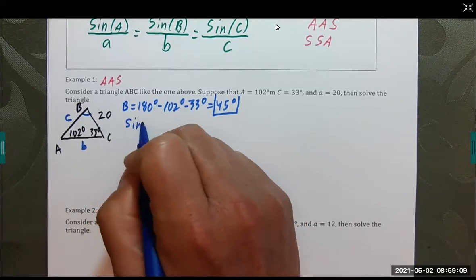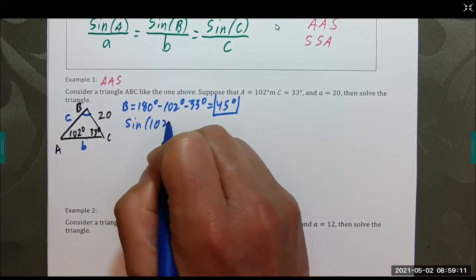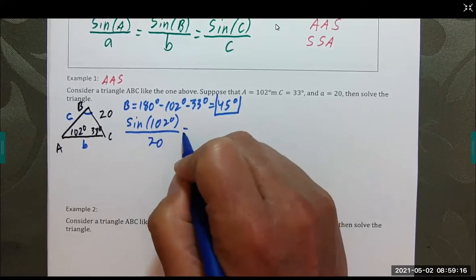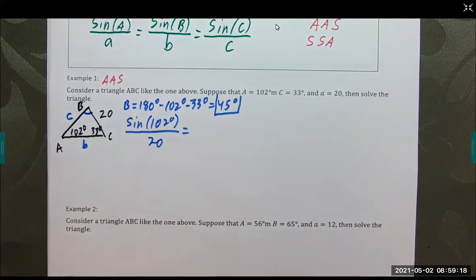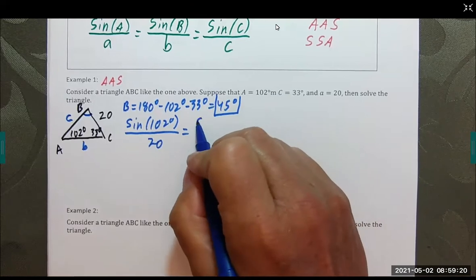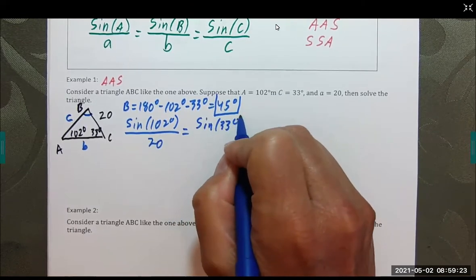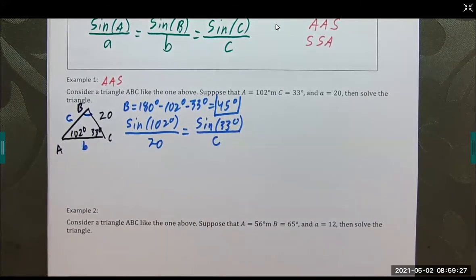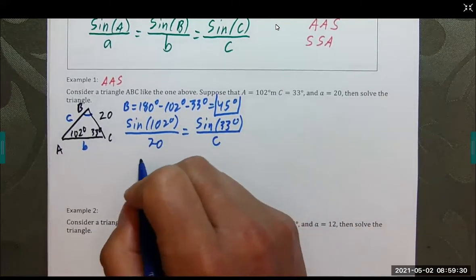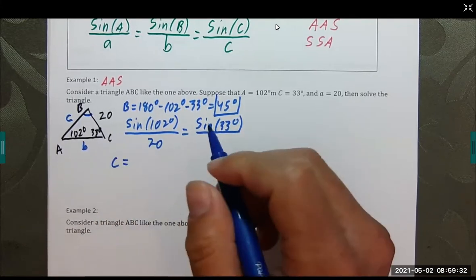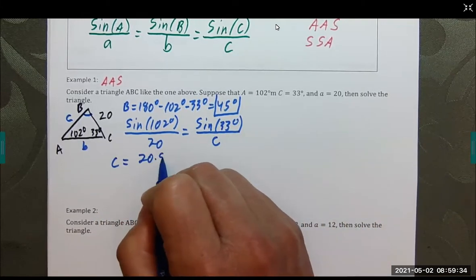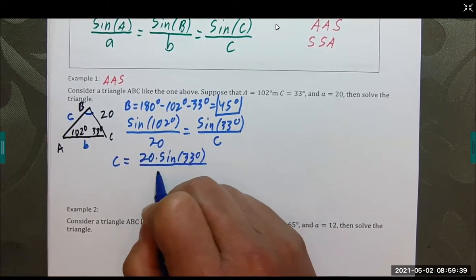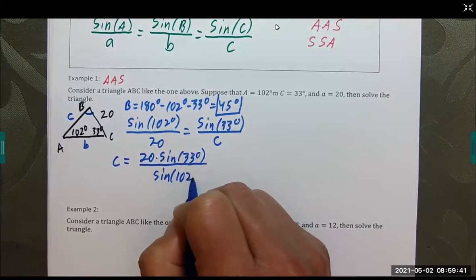So using the law of sines, the sine of 102 degrees over its opposite side, which is 20, is going to equal the sine of 33 degrees over side C. Well, I can cross multiply and divide. I end up that C is equal to 20 times the sine of 33 degrees over the sine of 102 degrees.